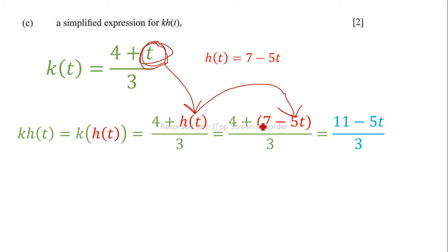Now we add the 7 and the 4 to get 11, and it's going to still be minus 5T over 3. That's how we did this one.